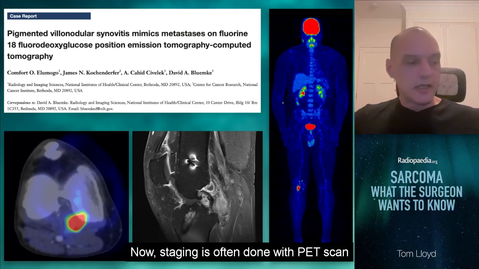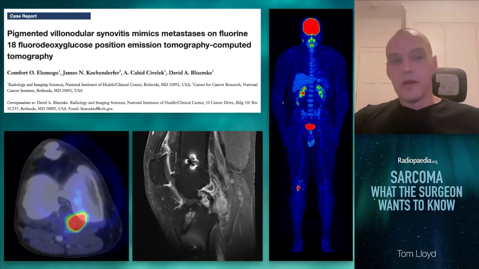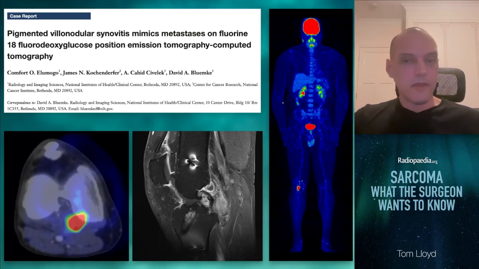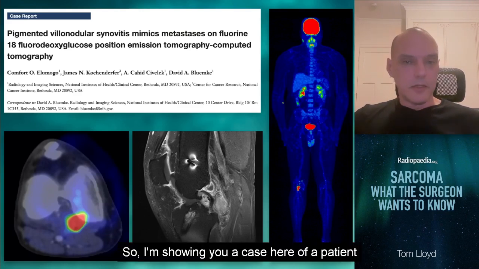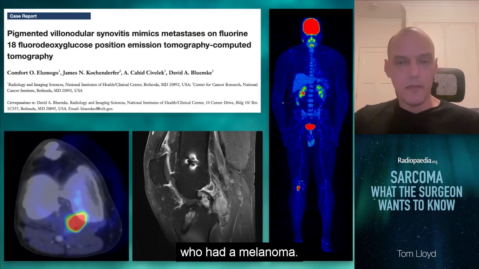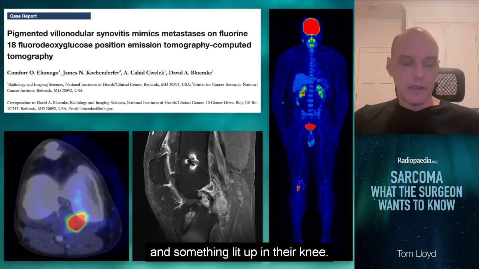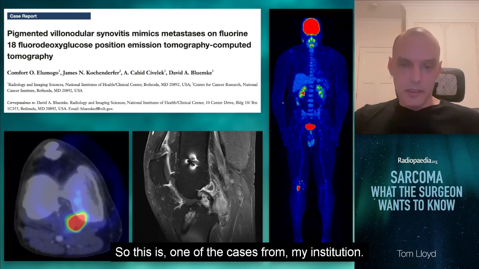Now, staging is often done with PET scan, and PET is very good, but it's not perfect. So I'm showing you a case here of a patient who had a melanoma. They had a PET scan for their melanoma and something lit up in their knee. So this is one of the cases from my institution.